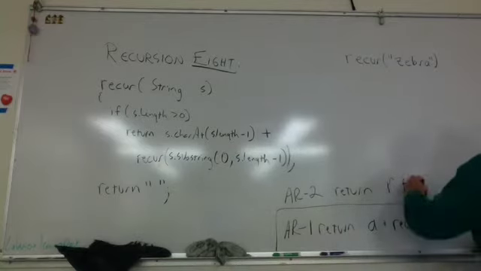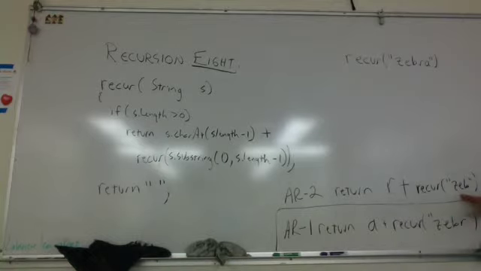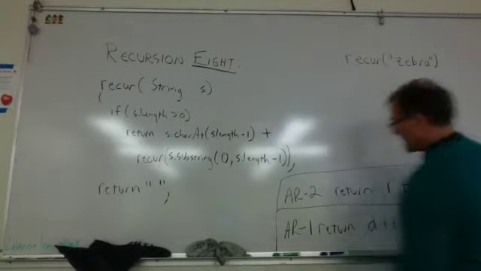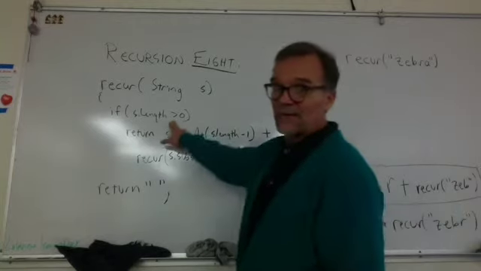So we're going to call recur with the string getting smaller. Again, with recursion, something has to decrease in order for it not to be infinite recursion. In this case, the string is getting smaller. Eventually, the length is going to get to 0.